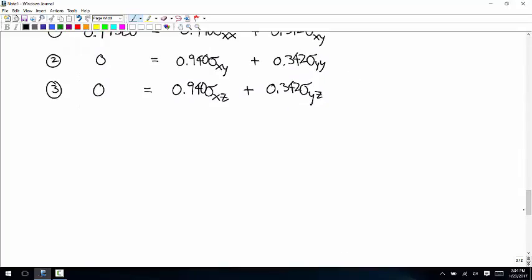So basically, the idea is you start out with a circle like this. And imagine breaking this circle up into infinitesimal strips.